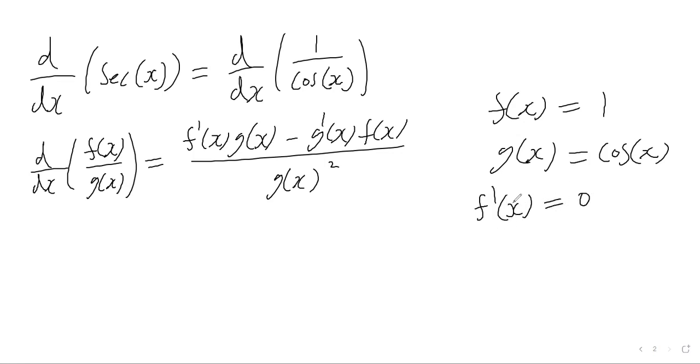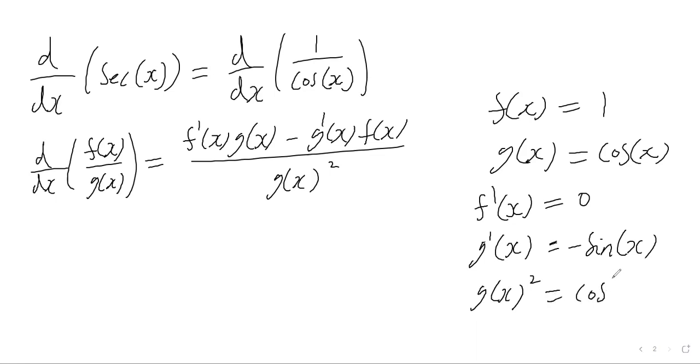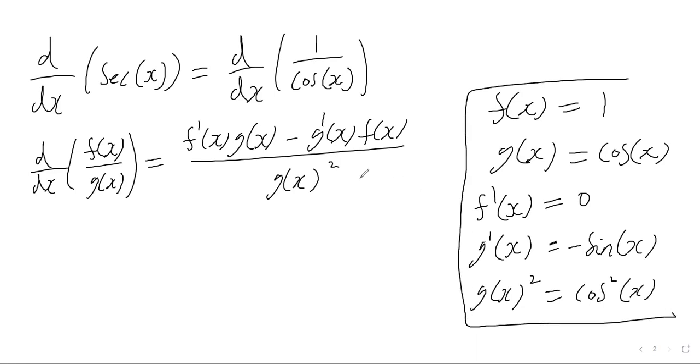And we know from a previous video that the derivative of cos of x is negative sine of x. And so we can just substitute these in. Obviously, g of x all squared is just cos squared. And so we can just plug in all of these into our formula.